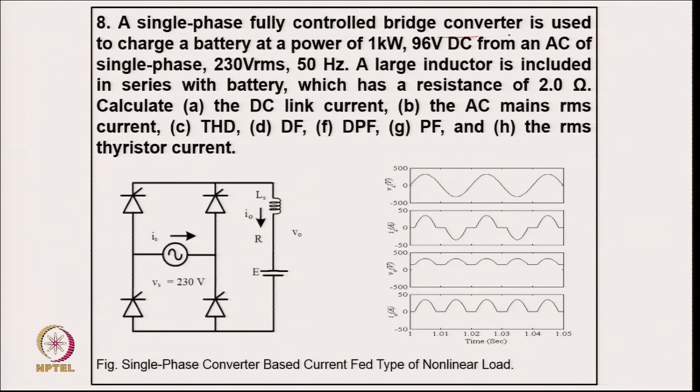Coming to a single phase fully controlled bridge converter used to charge a 1 kilowatt 96 volt battery from single phase AC mains. A large inductor is included with the battery, with 2 ohm resistance, and we calculate the DC link current, AC mains RMS current, THD, distortion factor, displacement factor, power factor and RMS current. These are typical because the thyristor will conduct only when the supply voltage is more than your battery voltage.